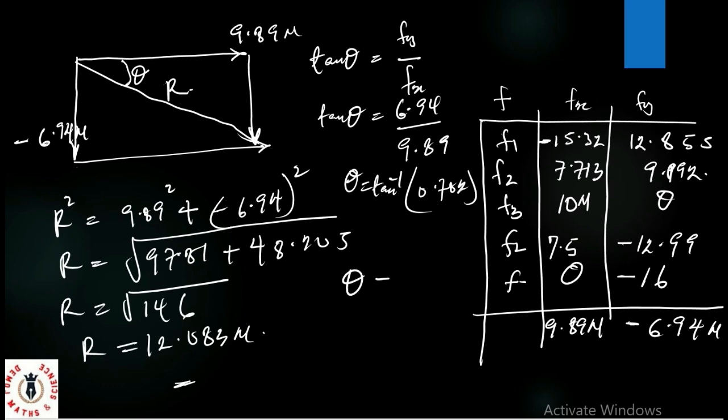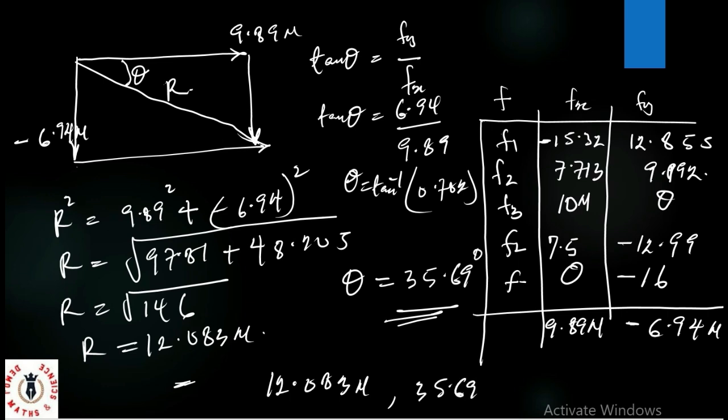So theta is the same thing as 35.69 degrees. So we've been able to find our resultant to be of the value of 12.083 Newton acting at 35.69 degrees.